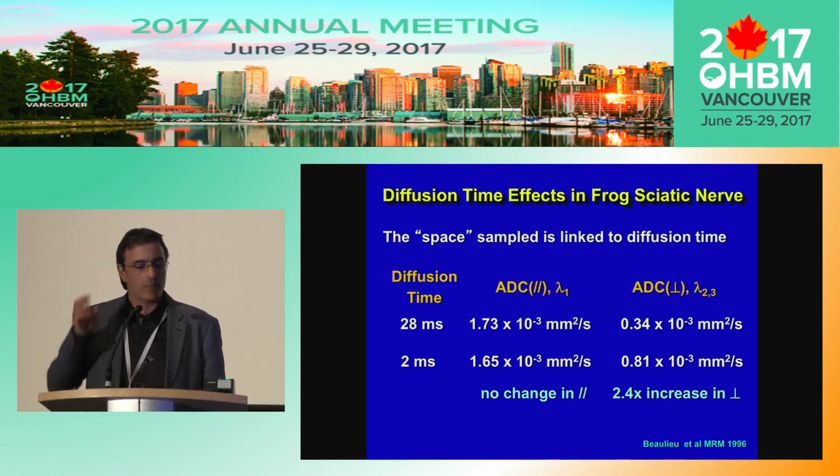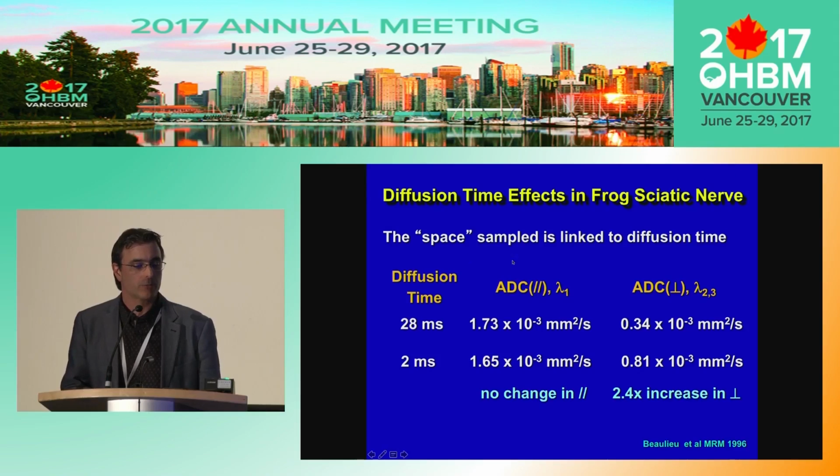And this was shown a while back in this frog sciatic nerve study, where we changed the diffusion time from 28 milliseconds to 2 milliseconds, right? Most diffusion experiments that you do on your clinical scanner are probably 20, 30, 40 milliseconds, something like that. Getting to 2 milliseconds is very, very challenging on a clinical scanner, but we could do it on this animal scanner.